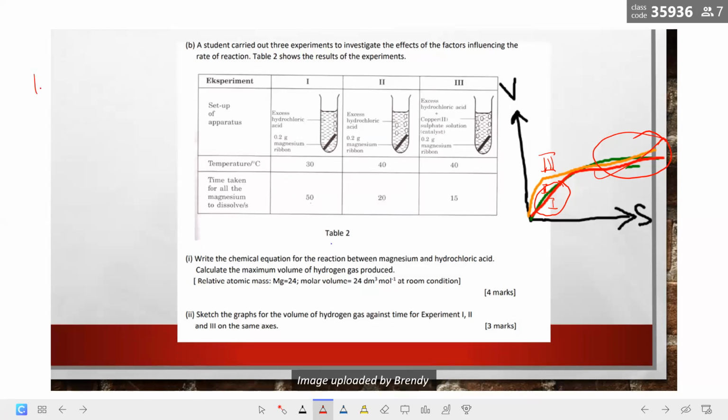Who wants to do experiment 1 for me? Unit is centimeter cube per second.